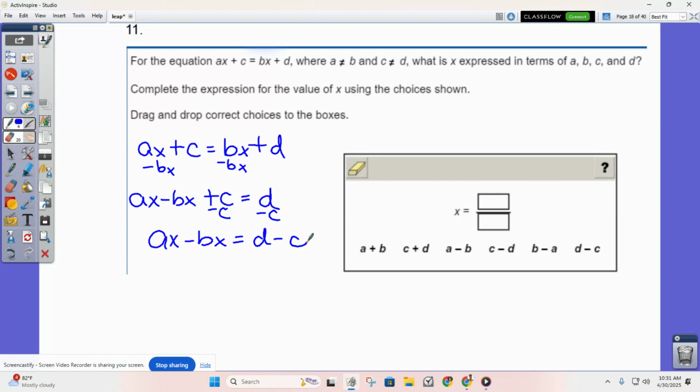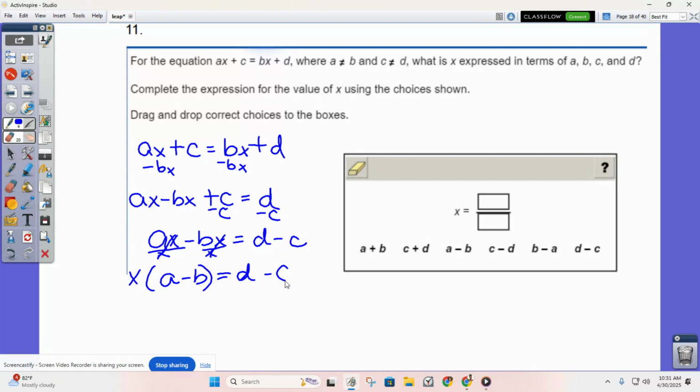My x is currently a factor of both of these parts, so I'm going to factor it out. We're undistributing, basically. When I take this x out, what is left behind is a minus b, because these x's will cancel to give me just one. And I still have the equals d minus c.